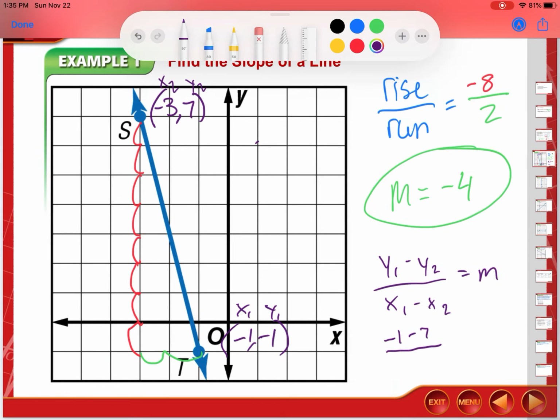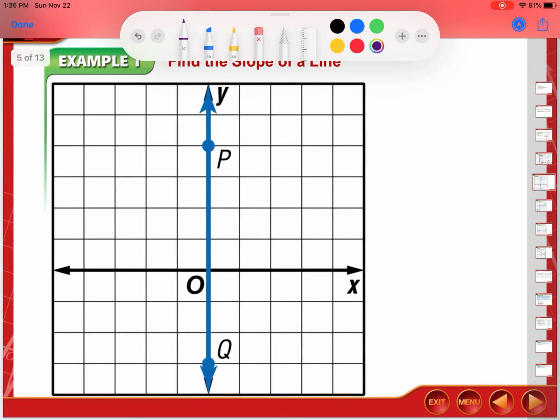So I would just plug in -1 minus 7 over -1 minus -3, which would be -8 over 2, which would equal -4. So my slope would still be -4 doing it that way. But personally, anytime I see a graph, I prefer to just count it.